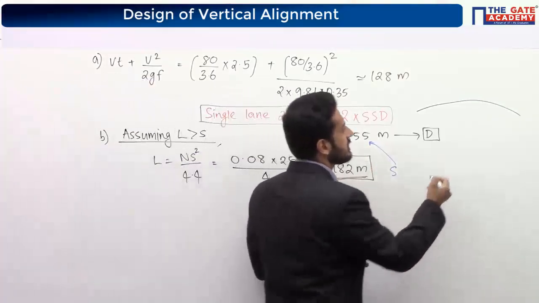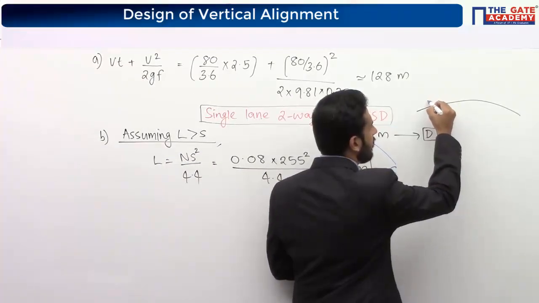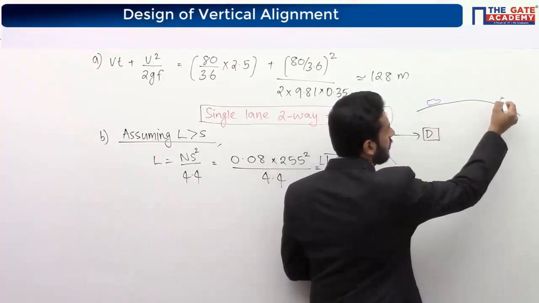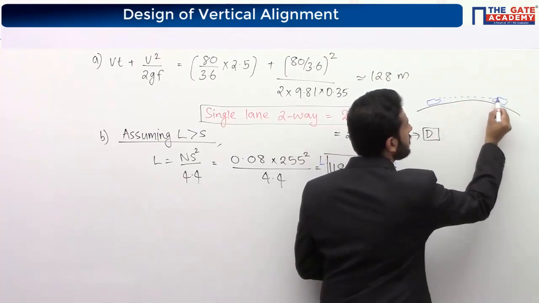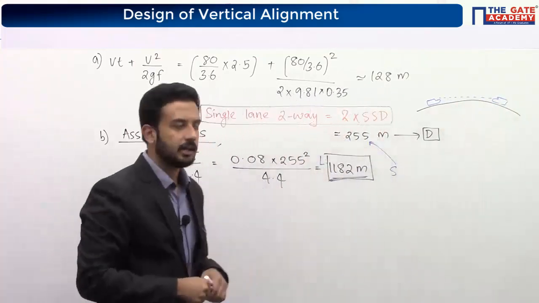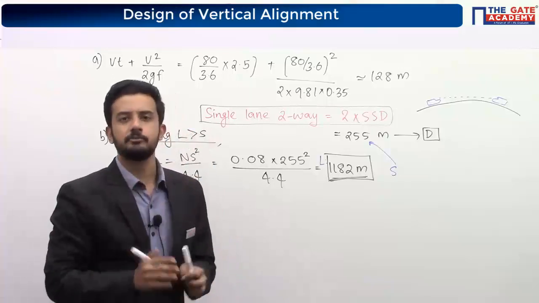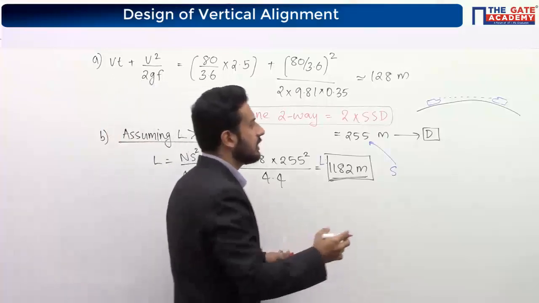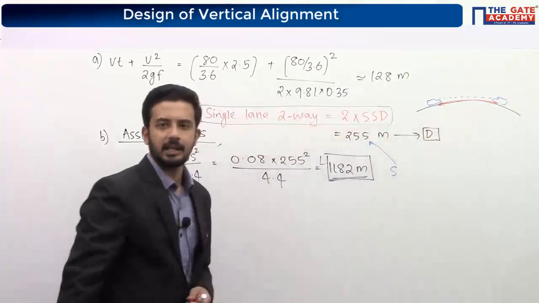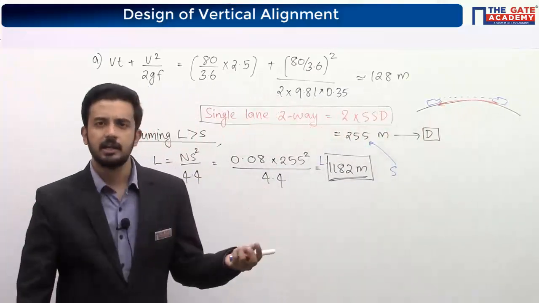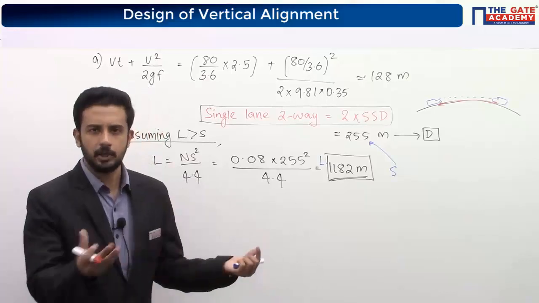So in our case, what is our stopping sight distance? Whenever vehicles are properly able to see each other, they should have a proper sight distance. So whatever this distance is, it is to stop properly, correct now? Or it can be a stopped vehicle, it can be an obstruction, anything.